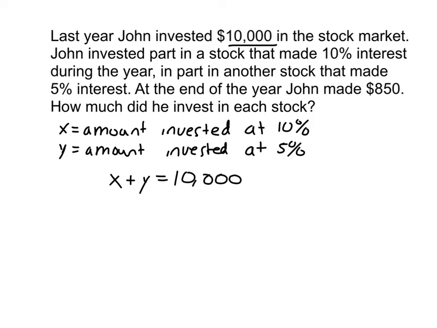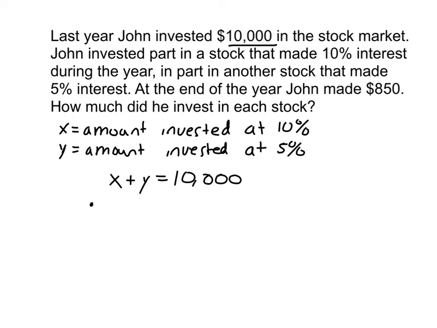The second equation has to do with the fact that at the end of the year, he made $850. So we need to think about how much he made at 10% interest. The way we could find that is by multiplying the interest rate by the amount he invested.